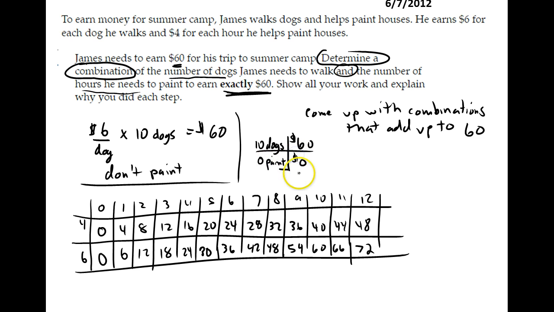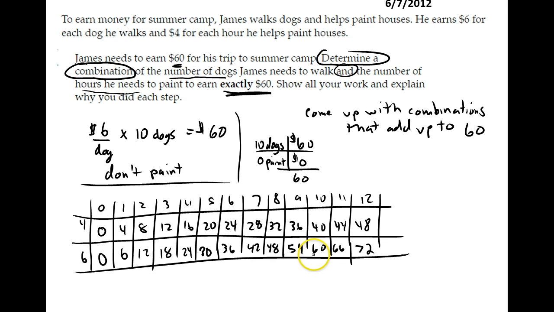That adds up to 60 exactly. Okay. How else can we add up to 60? Well, we have to make combinations of these multiples of 6 and these multiples of 4.